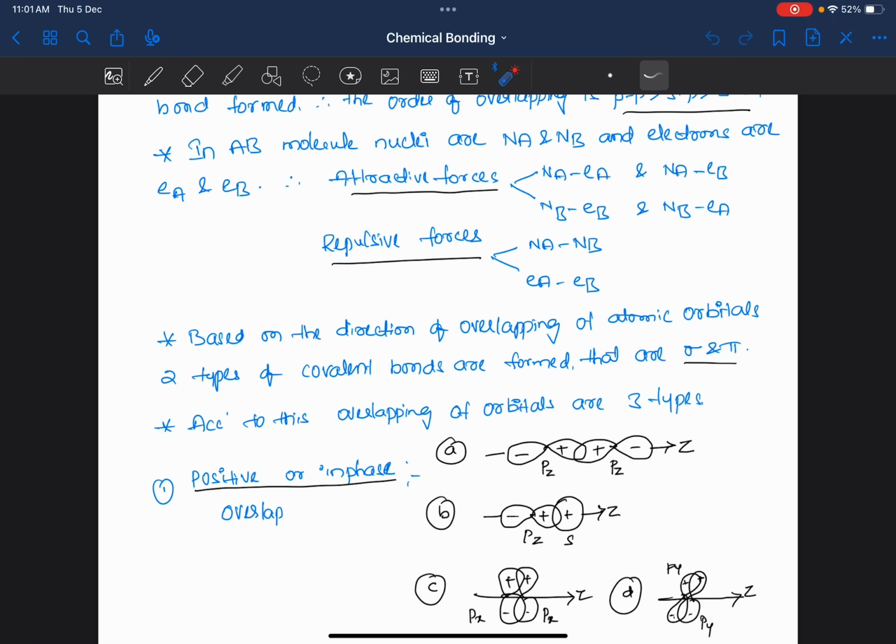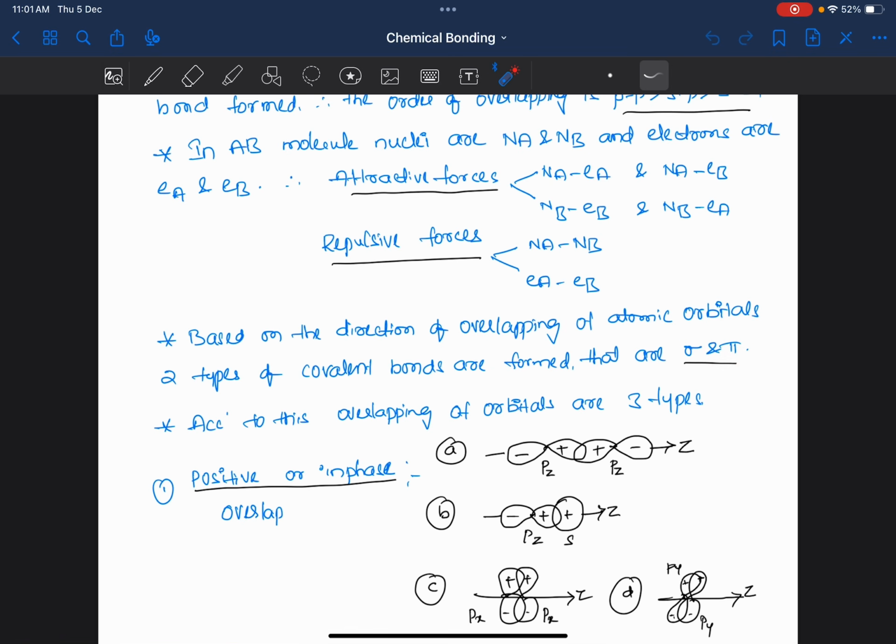Next, the overlapping of orbitals is of three types. Based on the direction of overlapping, if the overlapping is in a straight direction, then a sigma bond is formed. Otherwise, if it is in a partial direction, then a pi bond is formed.